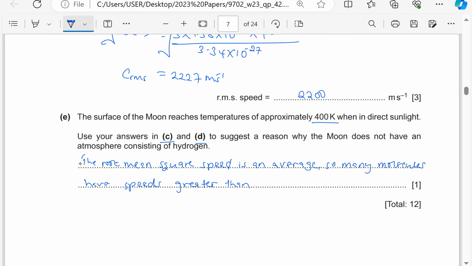Many molecules have speeds greater than the escape speed.